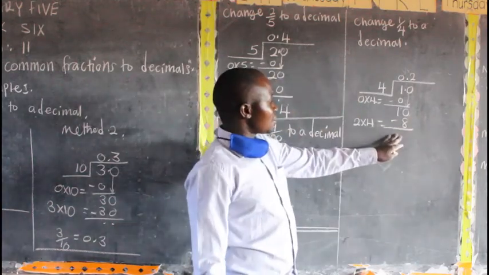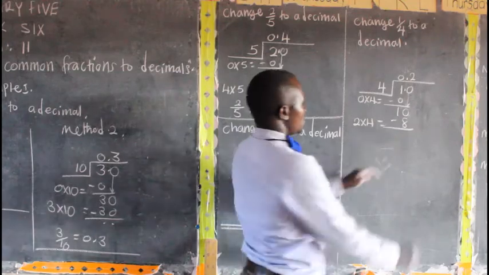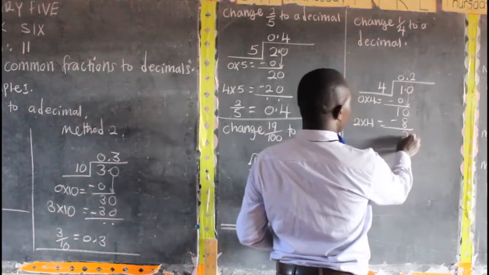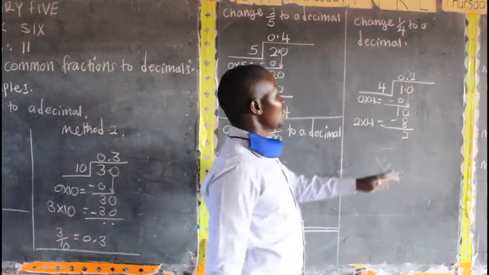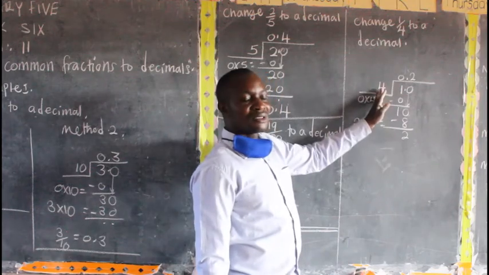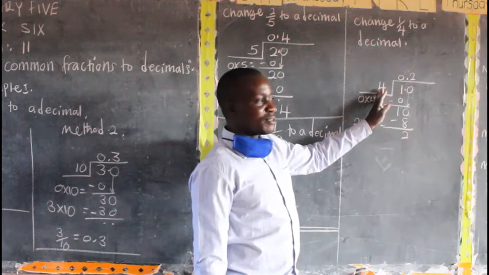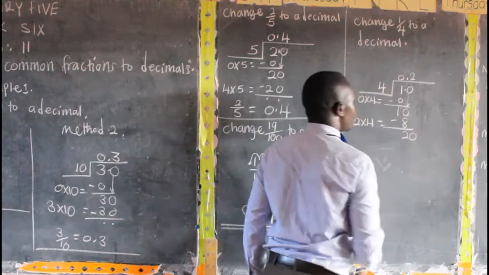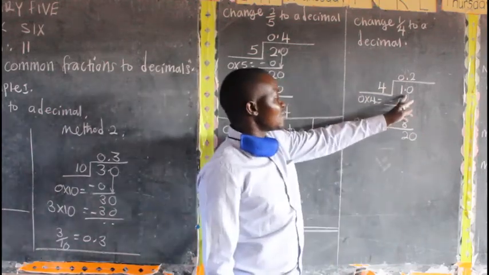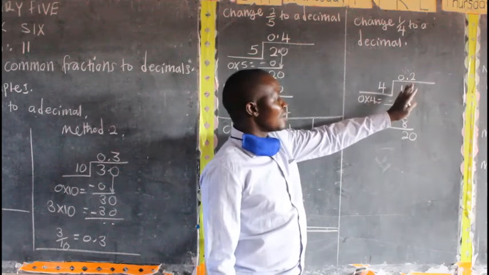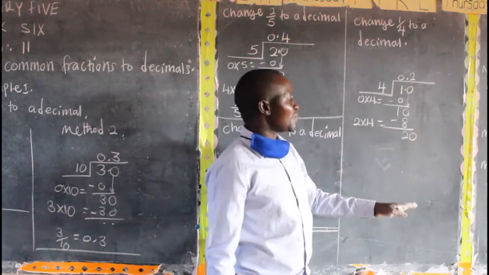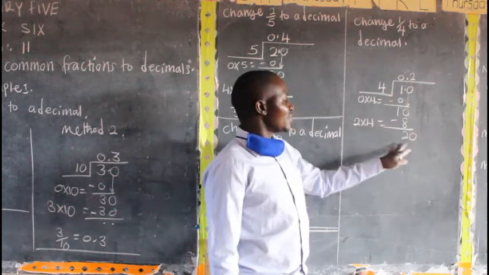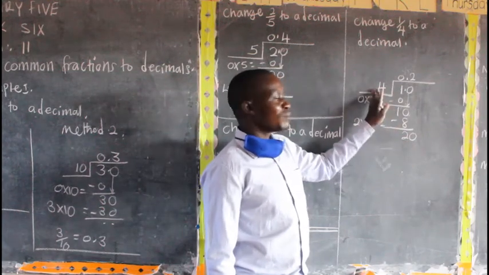Here 10 minus 8 is 2. So now we are left with 2 divided by 4, which is again impossible. This time around, we are just going to add a 0 down, until the number you get here is divisible by this one.